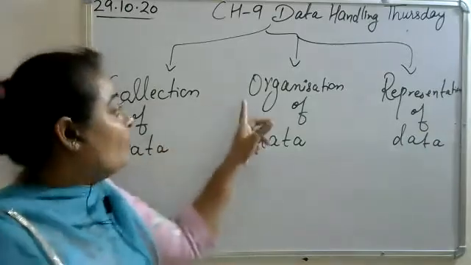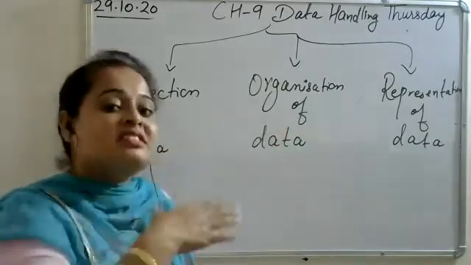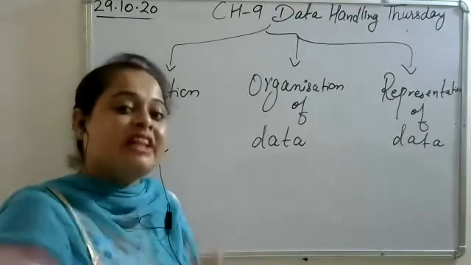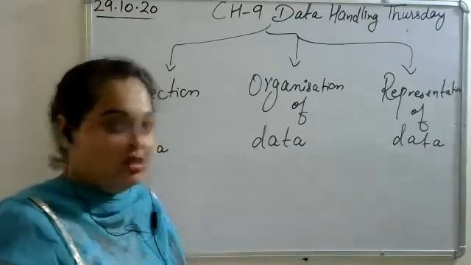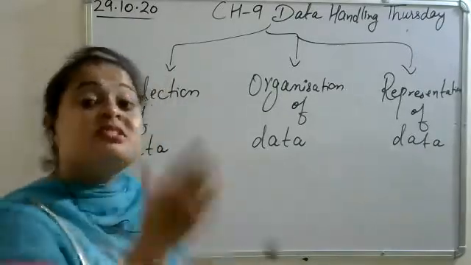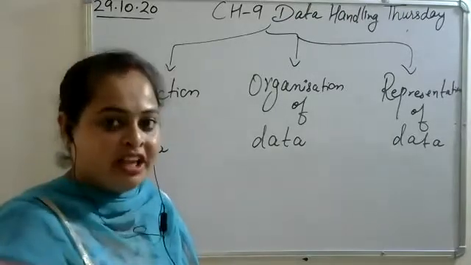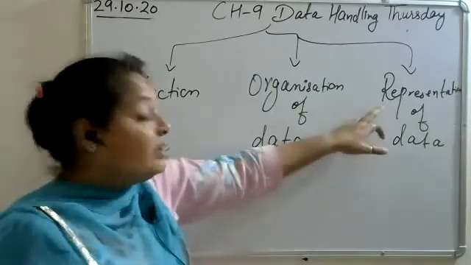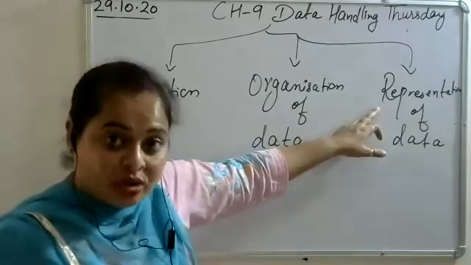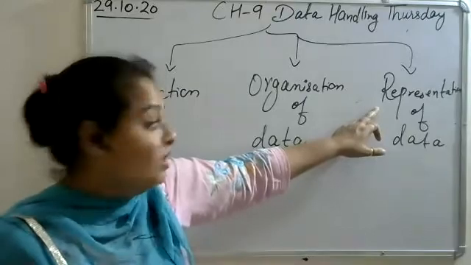After that, you will organize either in ascending order or in descending order. This is your wish. Organization means in a systematic way. After that, represent using pictograph or bar graph.